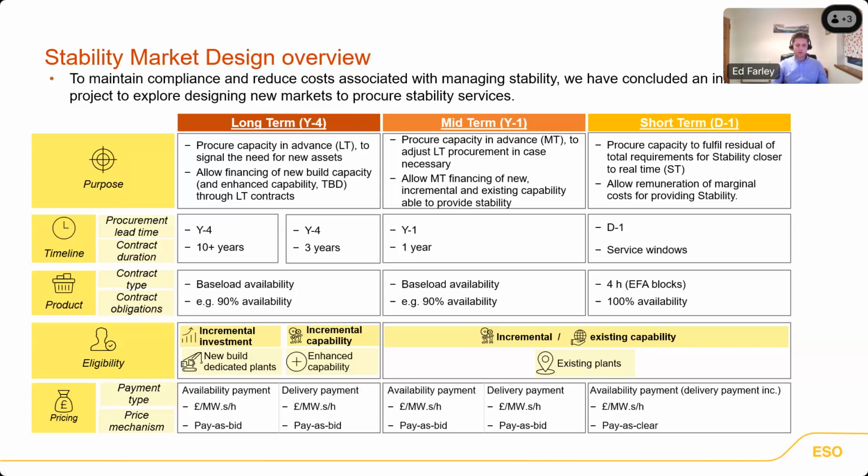And so offering a route to market close to real time allows the optionality for those providers to revenue stack as best as they can.